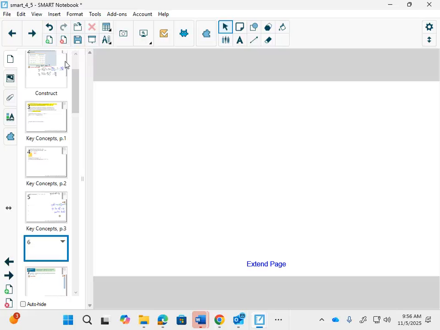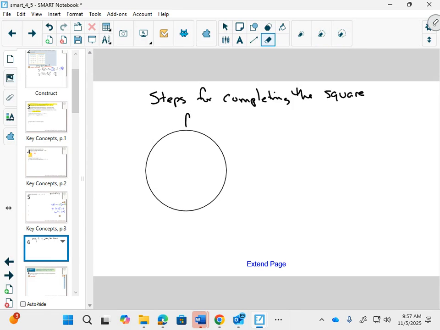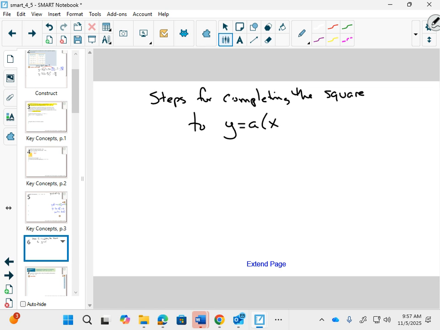We'll give a little title: Steps for completing the square with quadratic functions.